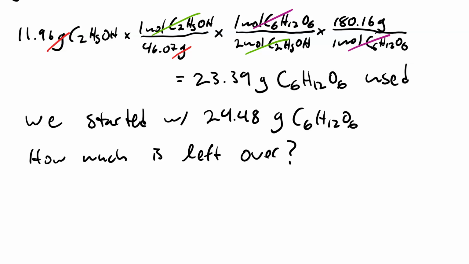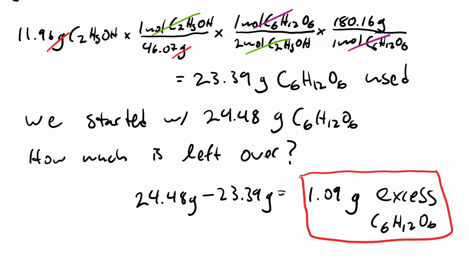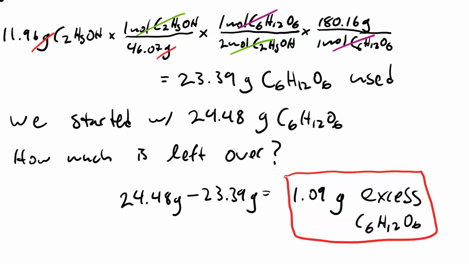We just subtract the amount we used from the amount we started with. In other words, 24.48 grams minus 23.39 grams. Punching that into my calculator, the difference is 1.09 grams. That's how much excess sugar we had. There's that much unreacted sugar left over when the reaction stops.